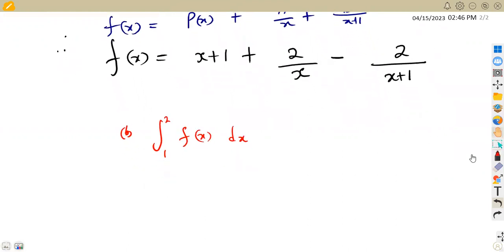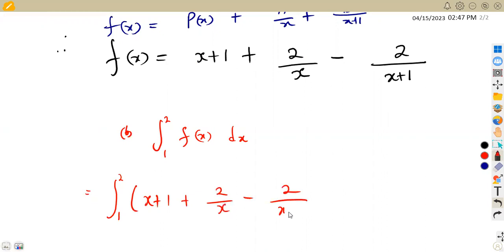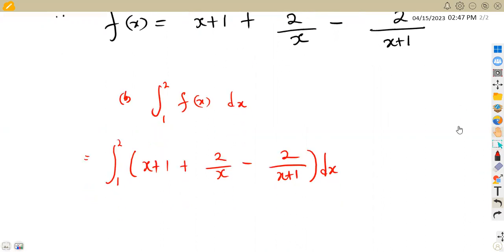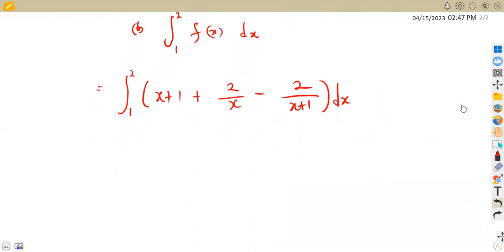So this is going to be equivalent to the integral with limits 1 up to 2 of x plus 1 plus 2 over x minus 2 over x plus 1 with respect to x. So that is what you're going to do in this case. Now it's part of your integration. We are no longer dealing with partial fractions here.